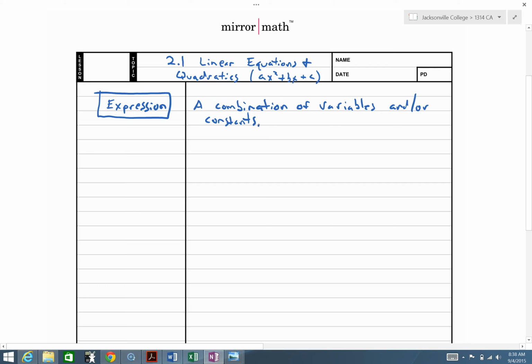Next definition, equation. Two expressions with an equals in between.